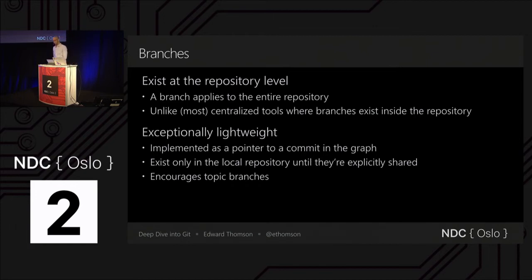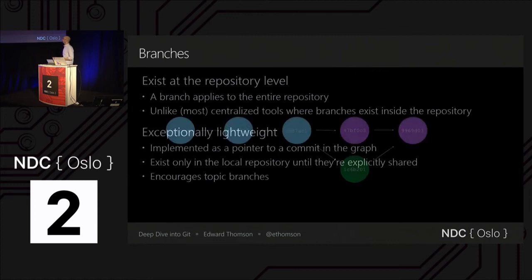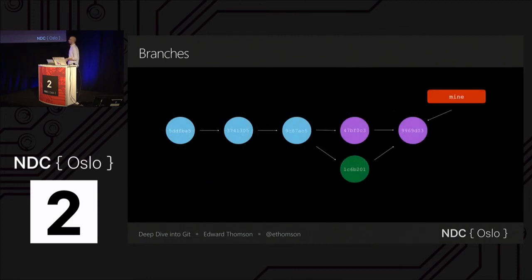So we've talked a little bit about the graph. Why does Git store branches this way? Well, it turns out that instead of actually branching folders inside the repository, Git can store a branch really, really economically just as a pointer into this graph. So if I have my branch in this repository that we've been working on, what Git's actually doing is just storing a pointer to the commit that my branch is currently referring to.